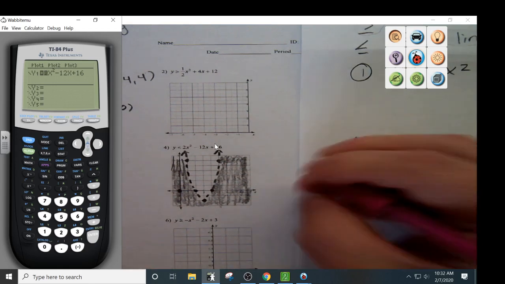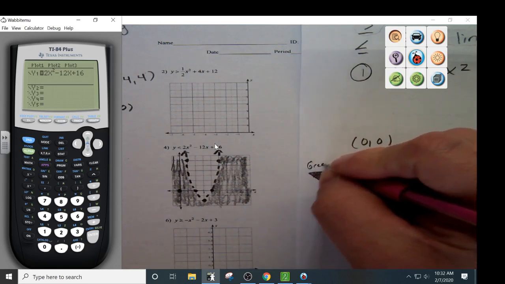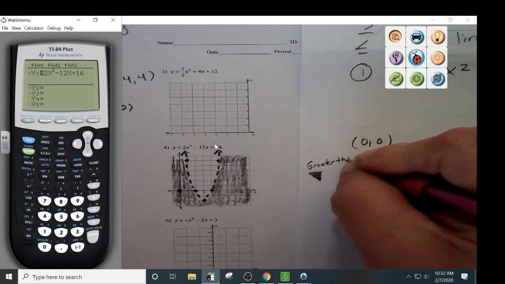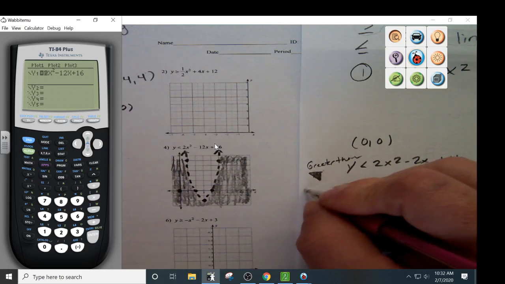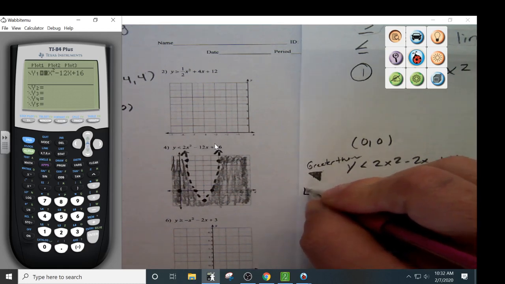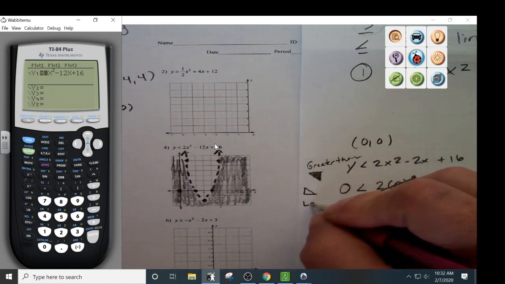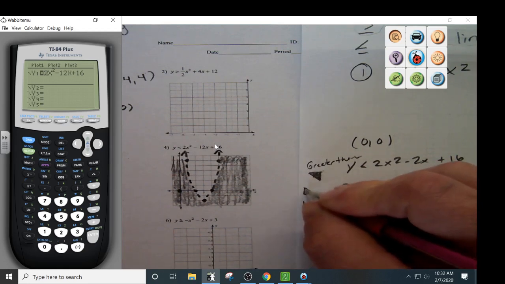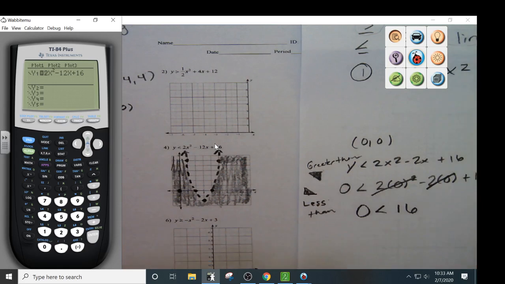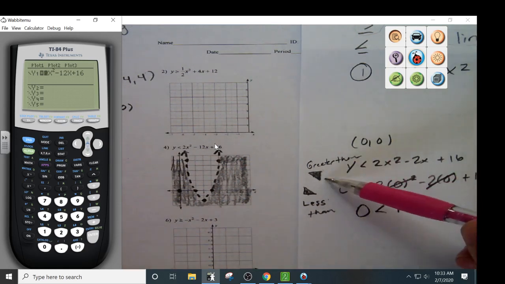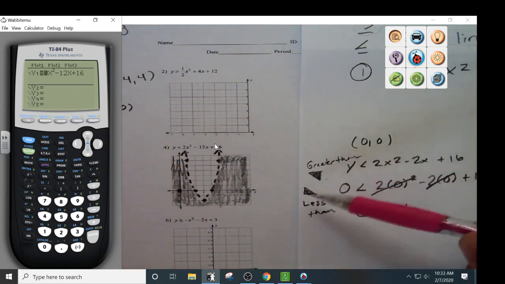When the triangle is in the top right corner, that's greater than, and I'll show you how to get it there. If the triangle is in the bottom left corner, that's less than. And you'll understand in a minute what that means. Remember, top right corner is greater than, bottom left corner is less than.